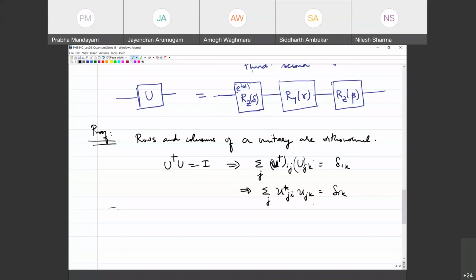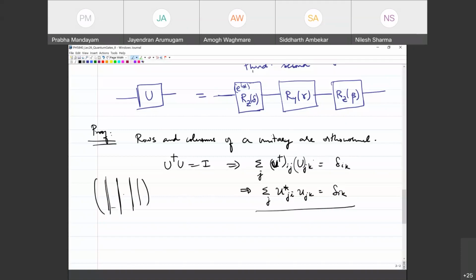The little u represents the corresponding matrix element, right? So you can use this to essentially show that for every such ik, so these are basically summing over the rows and columns, right? And you can use this to show that the rows and columns, if I were to take this unitary matrix, then think of these column vectors.